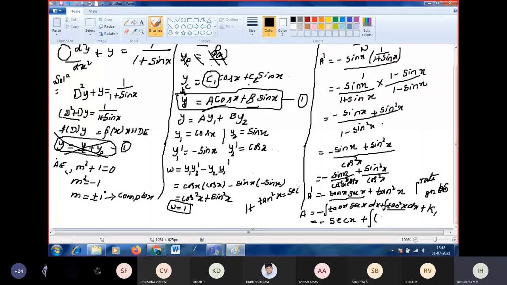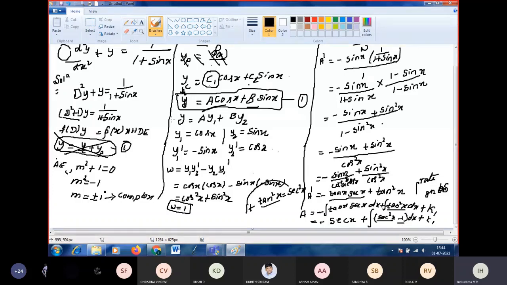So tan square x is equal to secant square x minus 1. Integration of secant square x minus 1 into dx plus k1. Integration of secant square x is tan x, and integration of 1 is x.